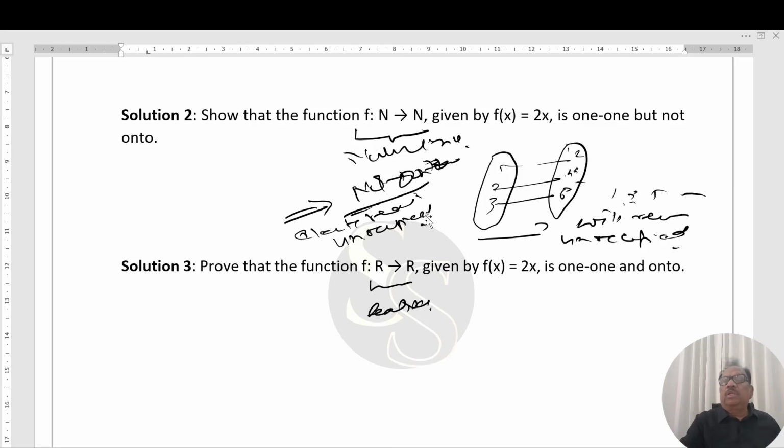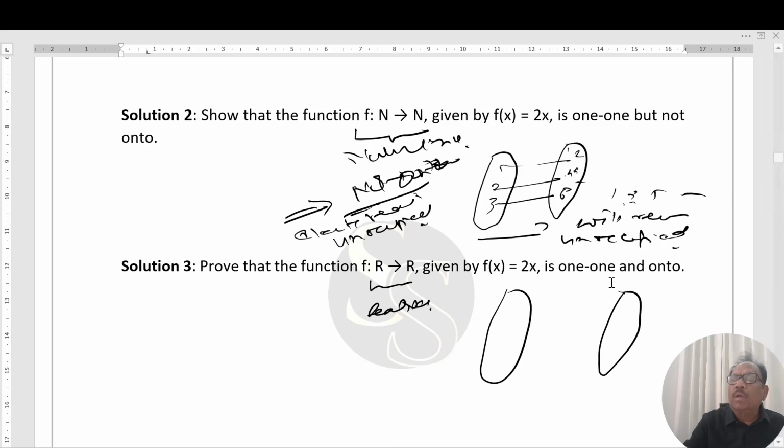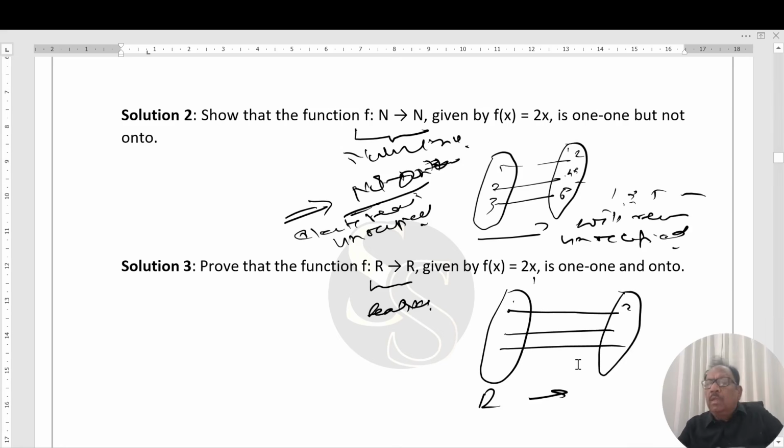Now in this case, this is R to R. If we take f(1), we get 2. If we take 0.5, we get 1. In the earlier case, 1 was not available. In this case, similarly, we get every element.